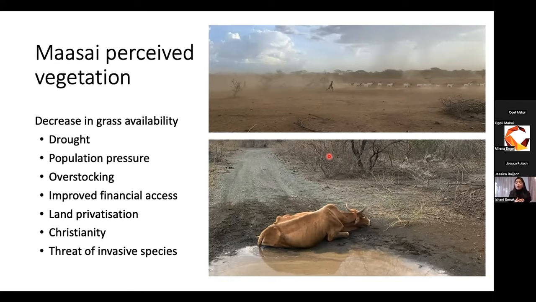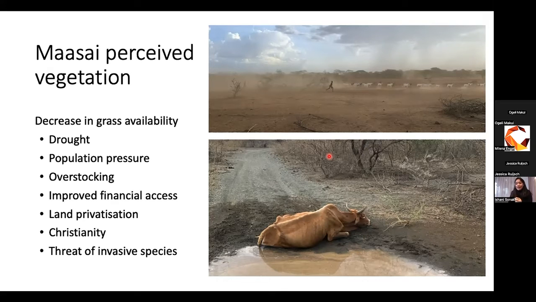But now, due to a shift from traditional Maasai beliefs towards Christianity as a religion, they don't believe in curses anymore. So that's why there has been observed a bit more often a flouting of these rules that are set by the local community members together.